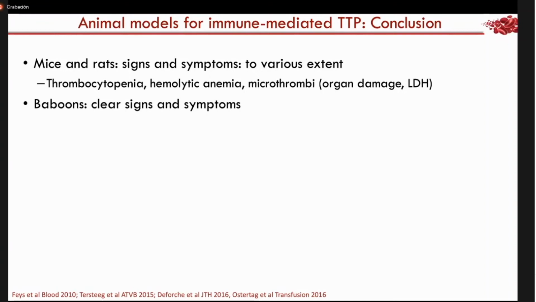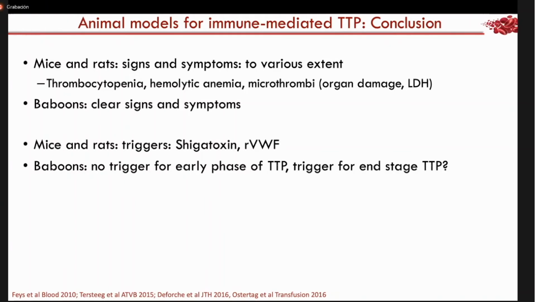The signs and symptoms in the immune-mediated TTP model in the mice and the rats are present to various extent, and in the baboons it is clear. All baboons have clear signs and symptoms of TTP. In mice and rats we need triggers, but in baboons we do not need triggers for the early phase of TTP. But of course for end-stage TTP we might also need a trigger.